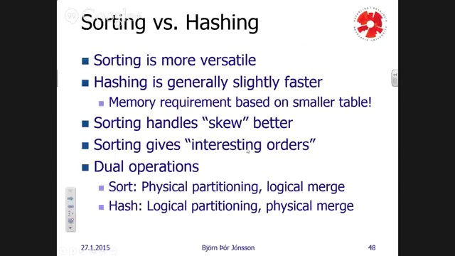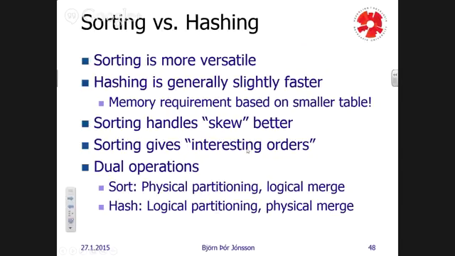The hash, when it's doing the partitioning, it's actually looking at the data. It's doing the hash function on the data. And so it's grouping together things that are related. So that's basically logical partitioning. And then at the end, you basically have the merge, which has everything that's related. And then you can do the physical thing. You group them together, and doing the join is simple.